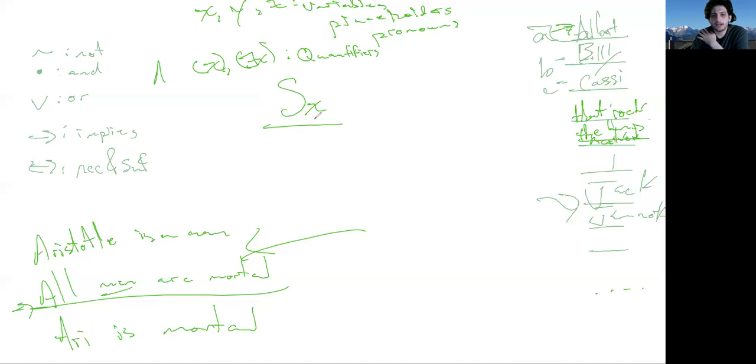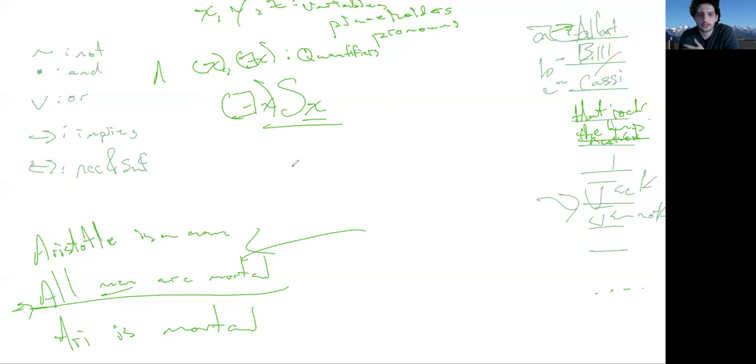The idea is anytime you're not telling me specifically who is doing this thing, you need to tell me how many people you think are doing this thing. So this isn't saying that Albert did it or that Billy did it or any particular person.